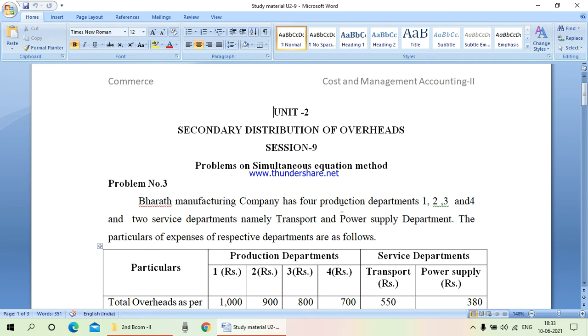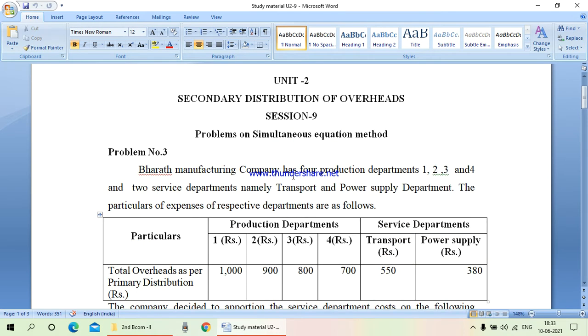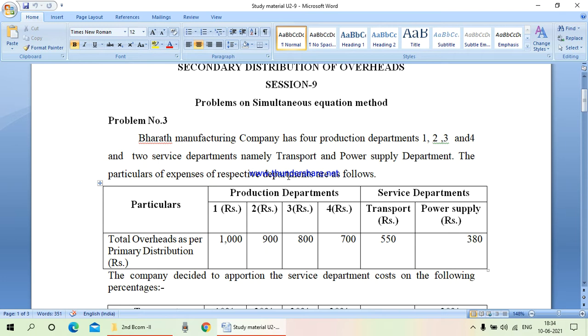The problem is: Bharat Manufacturing Company has 4 production departments, 1, 2, 3, and 4, and 2 service departments, namely transport and power supply department. The particulars of expenses of the respective departments are as follows.